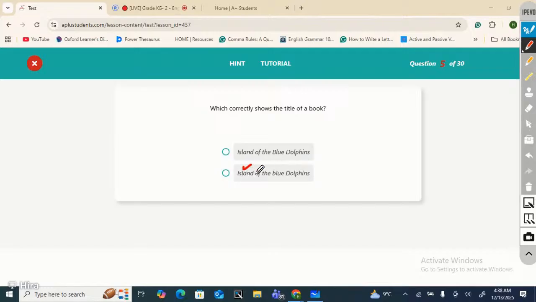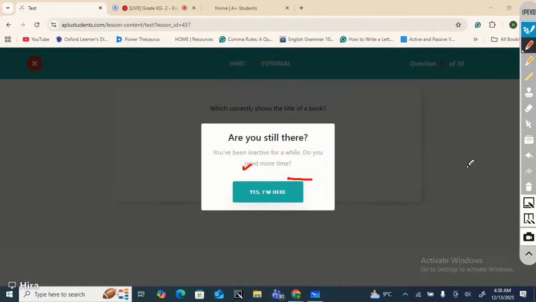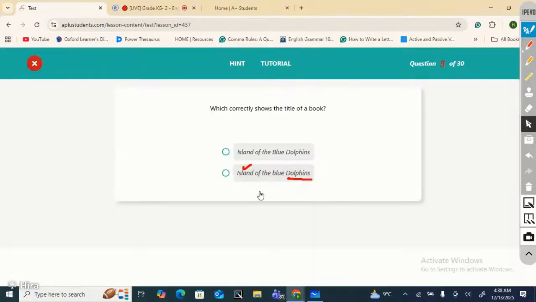First word is capital. The last one is, yes, the last one. Of is the short preposition, not capital, fine. Article the in between, not capital, fine.